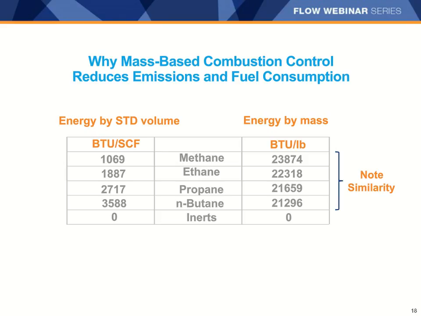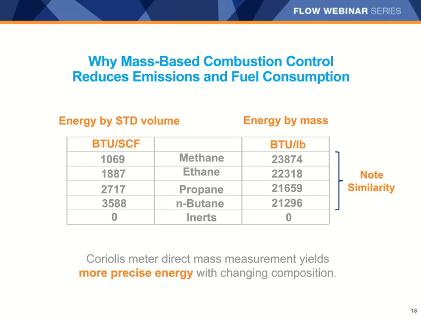The thing to note is that when they are expressed in units of energy per unit mass, all of these heating values are very similar. Contrast this with the large differences in the heating values of the same components when they are expressed in units of energy per unit of standard volume. Direct mass measurement of gas with changing composition is a more accurate way to measure energy for this reason.